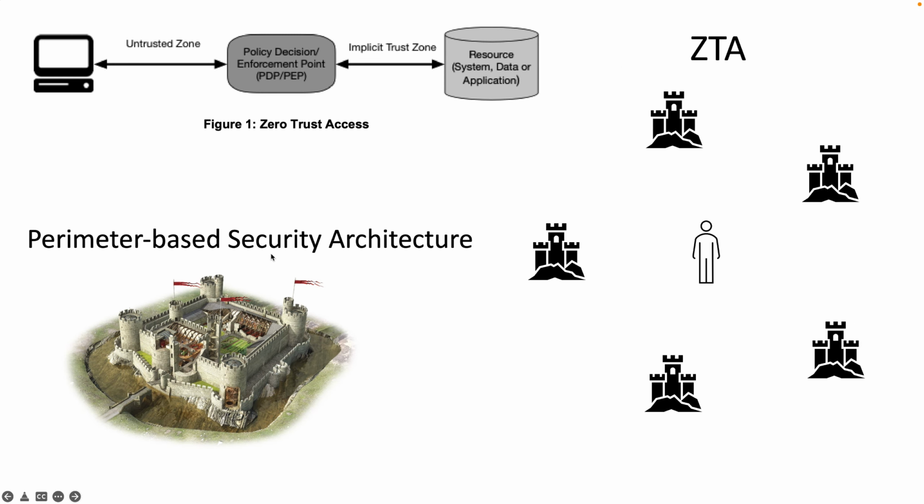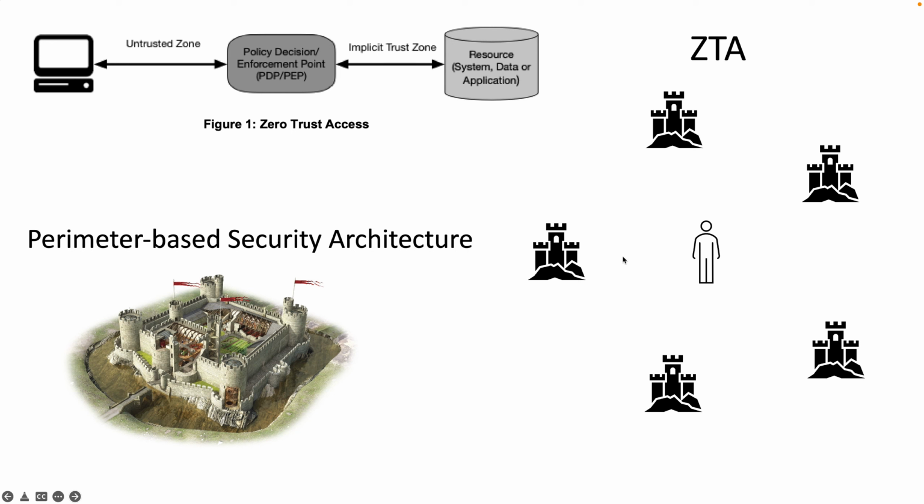Compared to this pre-zero trust security model, or we can call it perimeter-based security architecture, we can think of zero trust architecture in this way. All kinds of resources are divided into different small castles. Inside these small castles is an implicit trust zone.